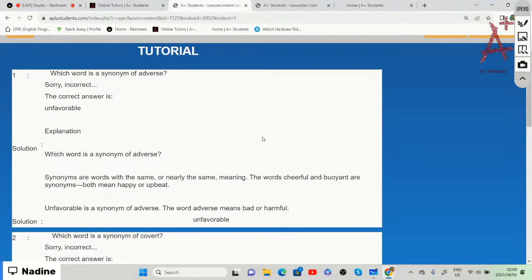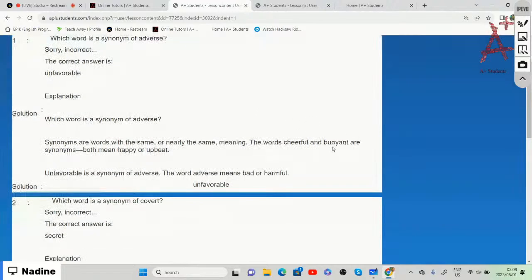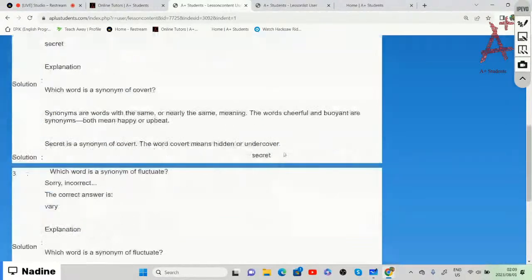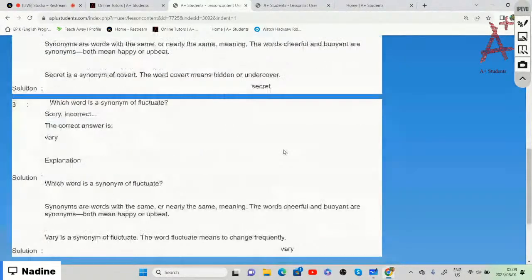Unfavorable is a synonym of adverse, which means bad or harmful. And we said the synonym of covered is secret, which means hidden or under cover.